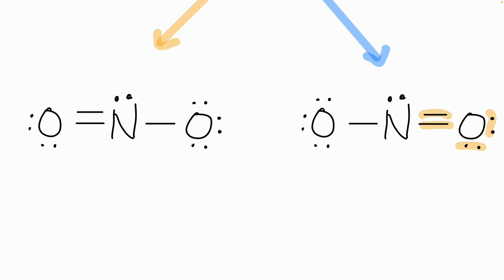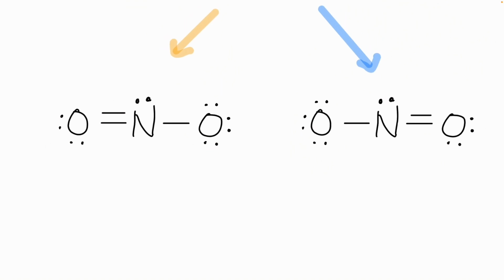I have my nitrogen in the middle that has 2, 4, 6, 8. Same over here, 2, 4, 6, 8. And then I have these single bonded oxygens with 3 lone pairs, 2, 4, 6, 8. So everybody's happy in terms of our octet rule.